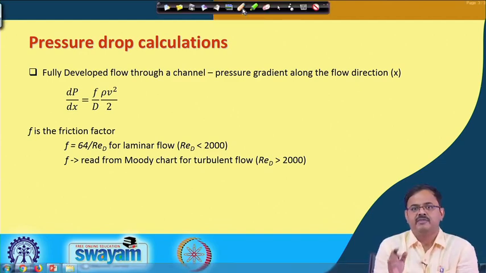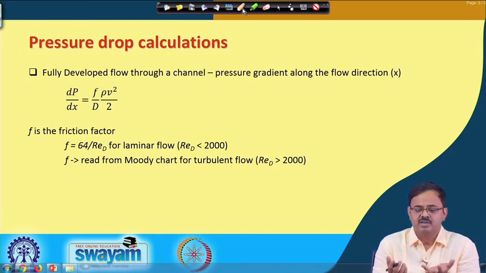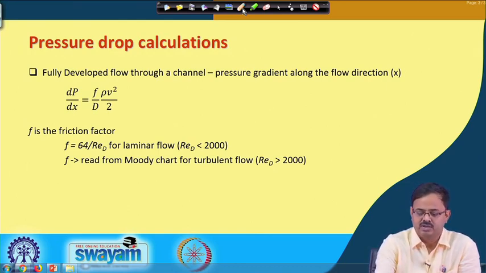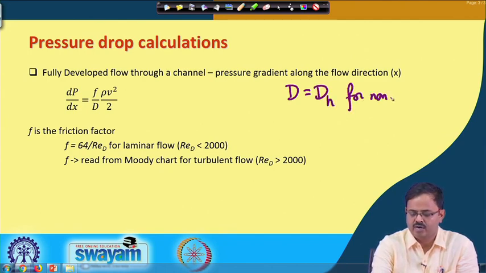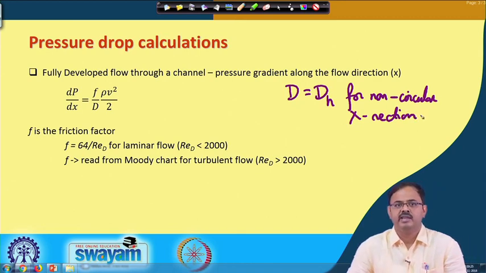D is the diameter if it is a circular cross section, or otherwise it is a hydraulic diameter if it is a non circular cross section. So, D will be D_H for non circular cross section. Agree?